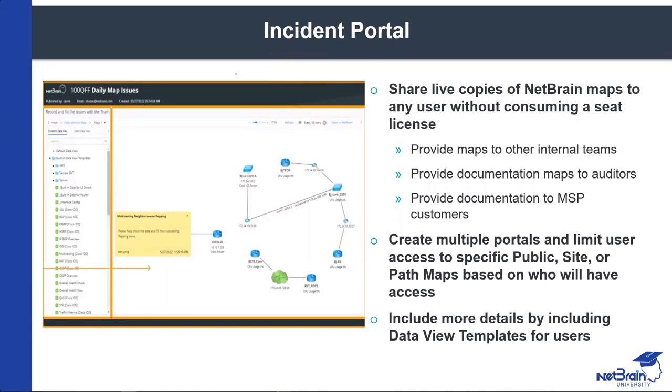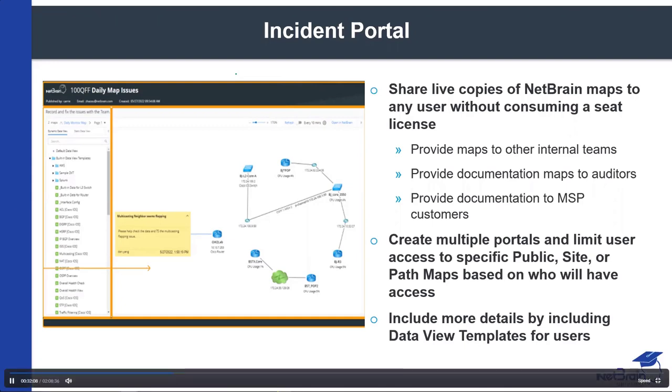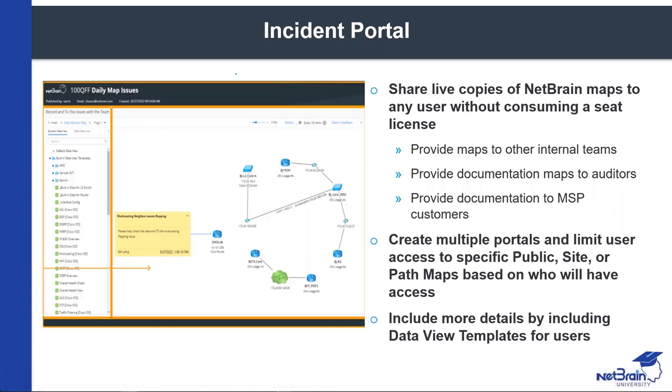So if we have somebody who wants to keep an eye on what we're doing but doesn't need to be in the NetBrain workstation, or maybe we don't want them in the NetBrain workstation because it's an internal or external customer who, rather than having them call us every hour for a progress update, we can just say, here, go look at this, and you can actually watch us troubleshoot and even let us know if it suddenly starts working again or something.